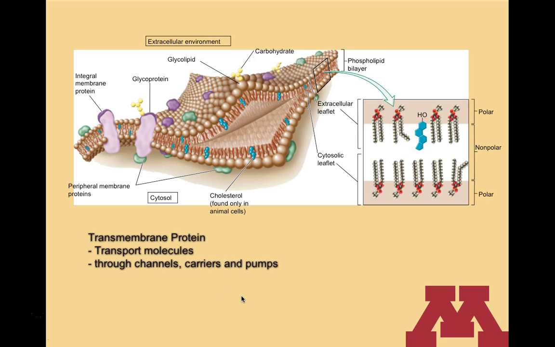They regulate the membrane permeability. They transport molecules across the membrane through channels, carrier proteins, or pumps, but it's not showing on this graph. And it can be somewhere right here or here.